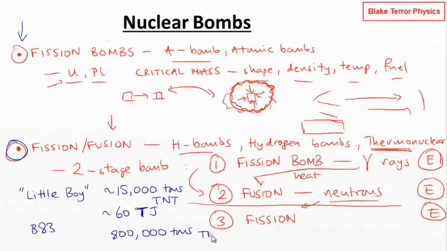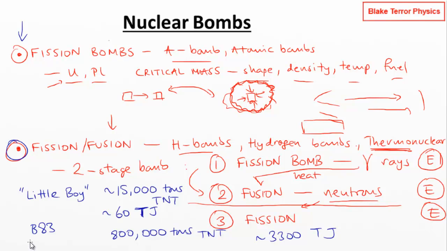So that is a big jump up. That's around about 3,300 terajoules. So you can see that is a massive increase in the amount. That's nearly 60 times the amount of energy that's being released there.